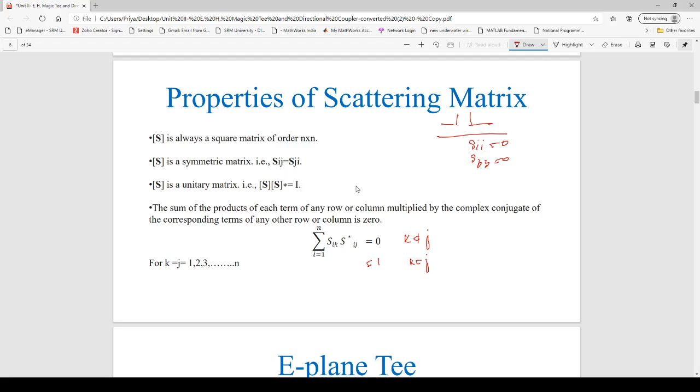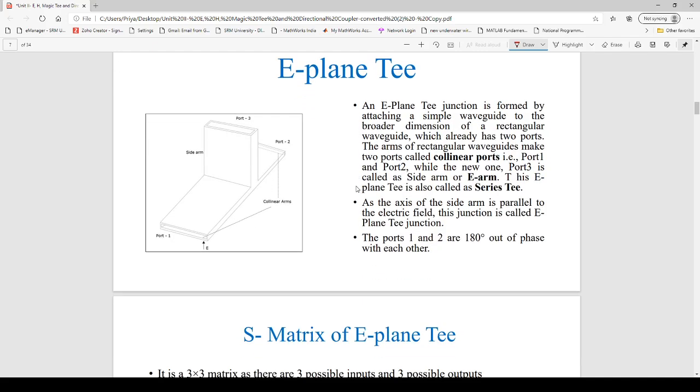And we are going to see how these properties are reflected in your components. The first component we are going to discuss is the E plane T. So we'll see how your scattering parameters are going to impact your E plane. So you know this is your E plane. E plane T is made by attaching a simple waveguide to the broader dimension.